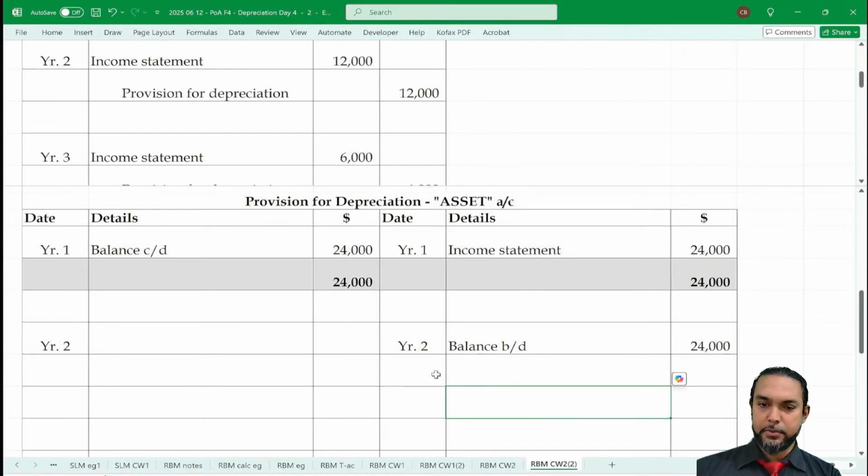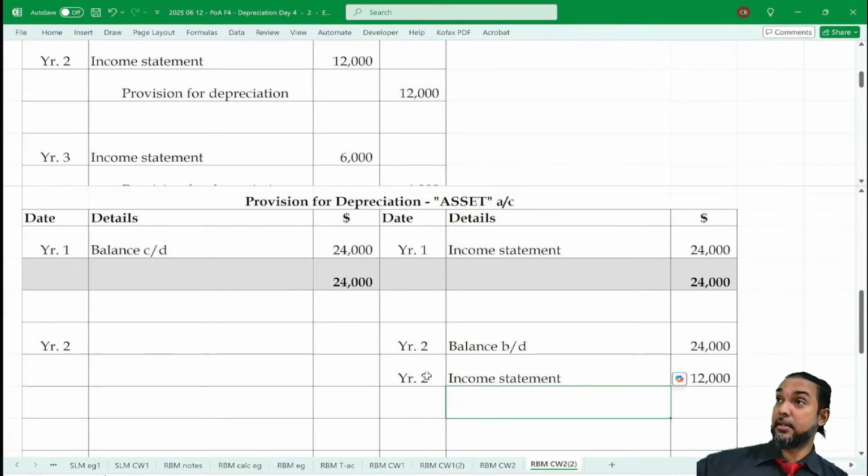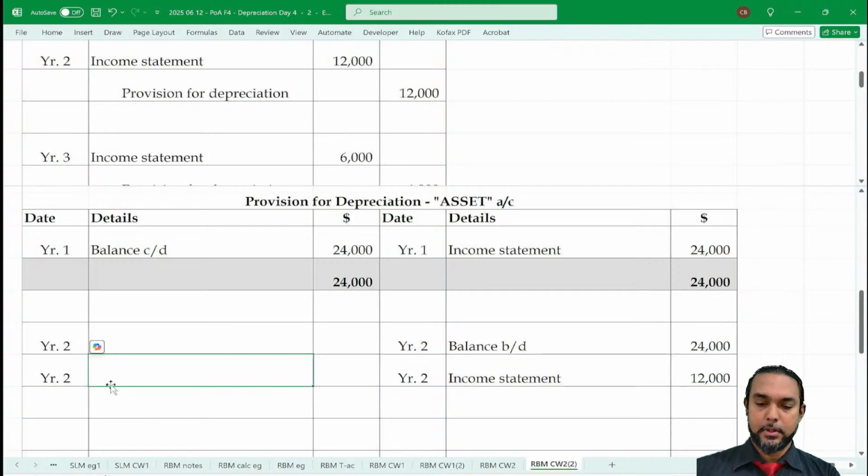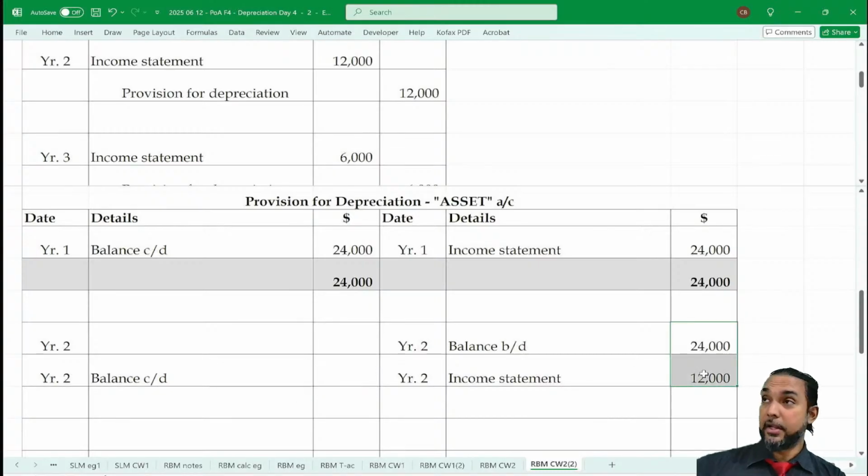Right. So in year two, once again, we have income statement, and then we put 12,000 this time. So you had that. Now at the end of that year, the balance carried down is the total, so 24 and 12, and you correctly have 36.